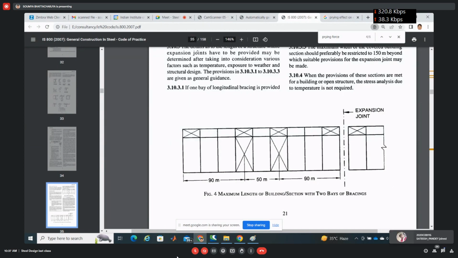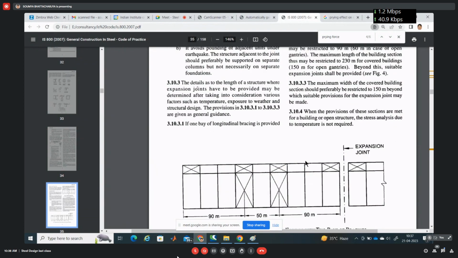Similarly, in steel structure, this is the maximum length, 90 plus 90 plus 50, so around 230 meter. So if your building length is less than 230 meter, you may not provide expansion joint. You may not consider the thermal stresses. You have to consider the thermal stress if the building length is more than that.